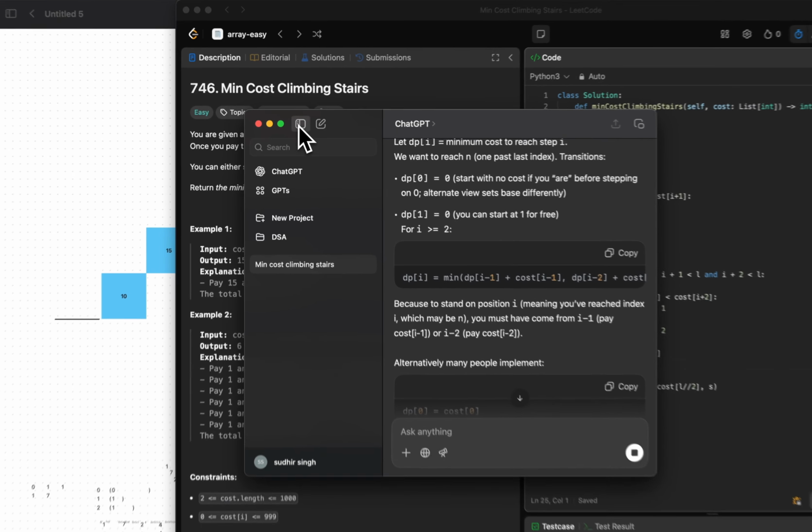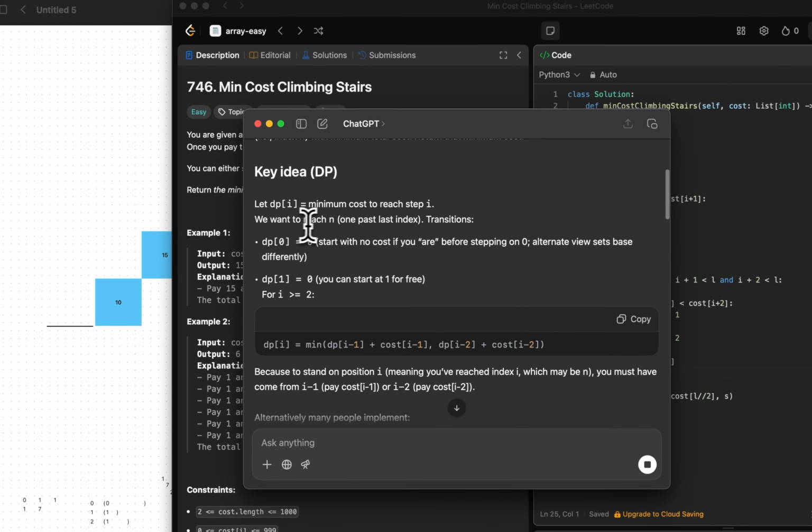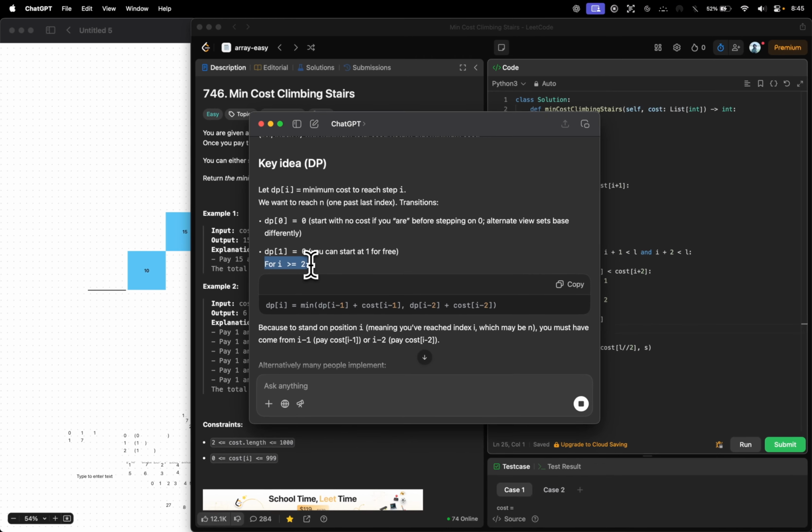We want to reach n, just before the last index transition. DP0 starts with 0, and then DP1, you can start at 1 for free. For i greater than 2, what?